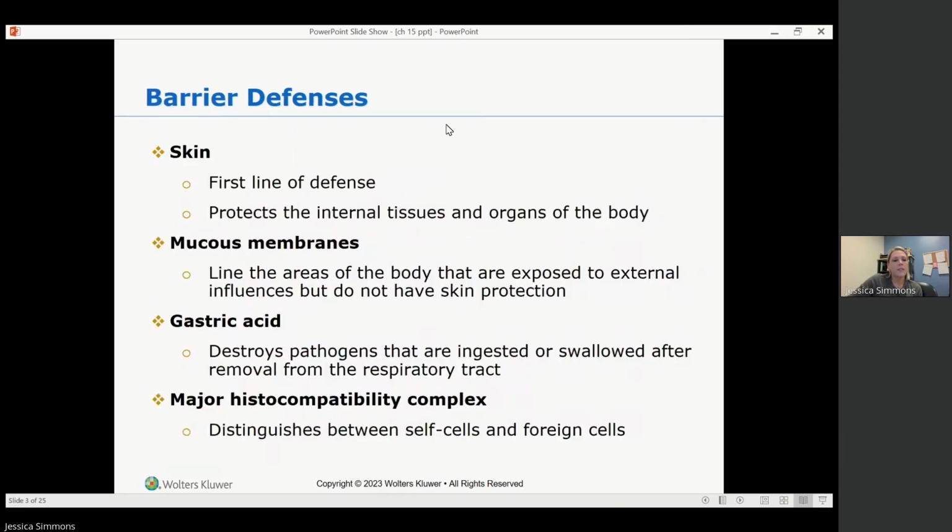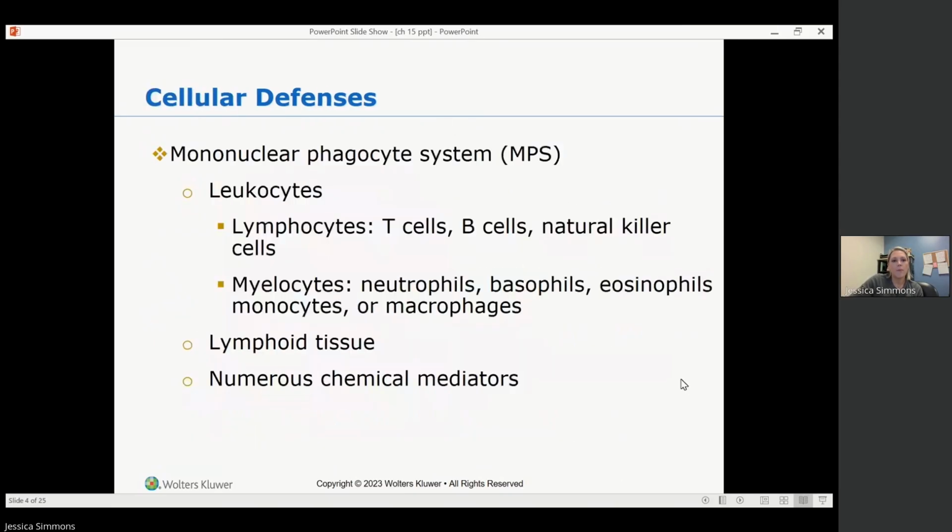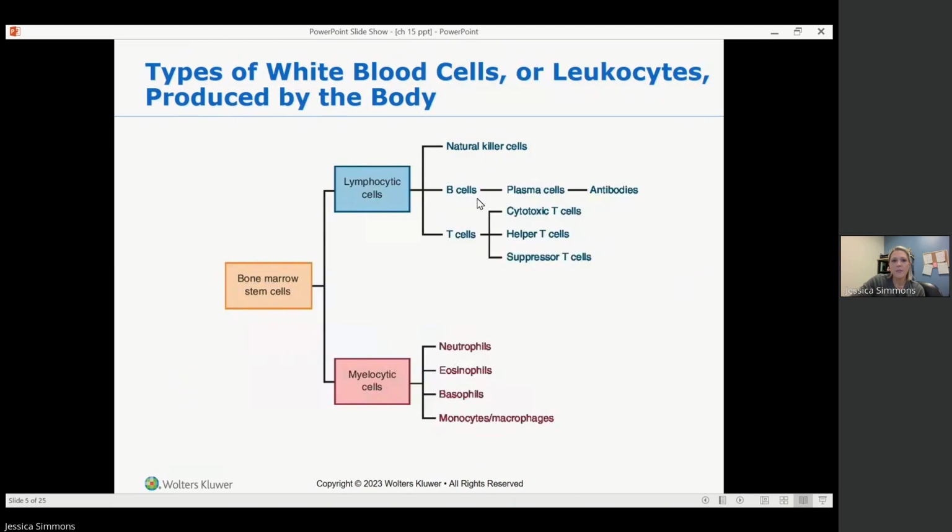Skin and mucous membranes, gastric acid, and then the major histocompatibility complex. Leukocytes and lymphoid tissue are your cellular defenses. You have types of white blood cells or leukocytes produced by the body: neutrophils, eosinophils, basophils, monocytes, and your lymphatic cells.